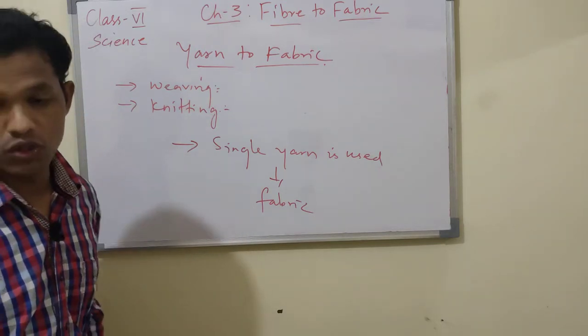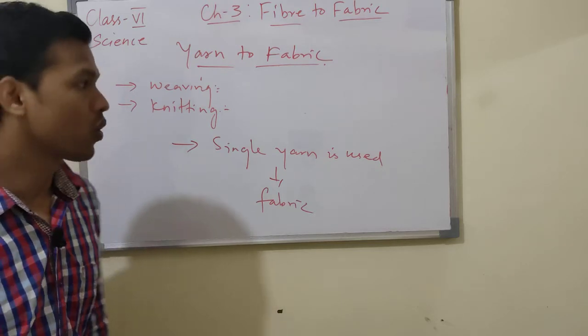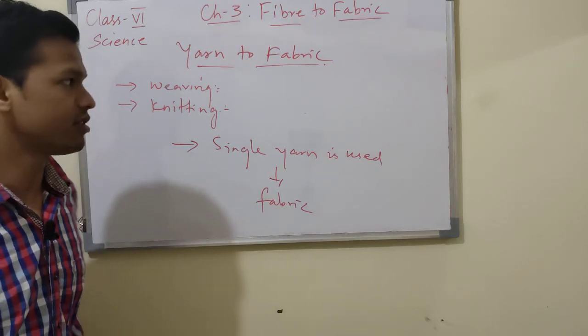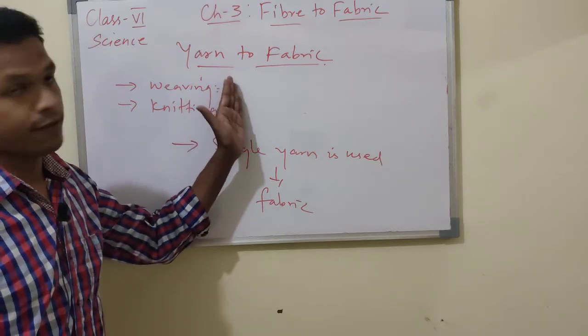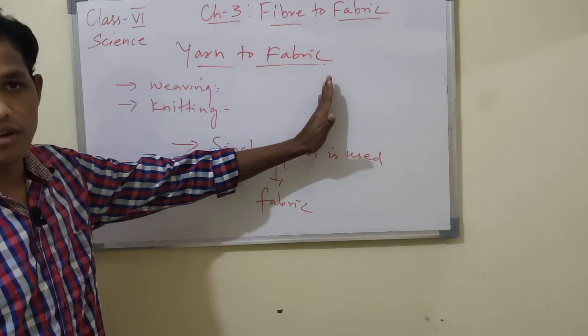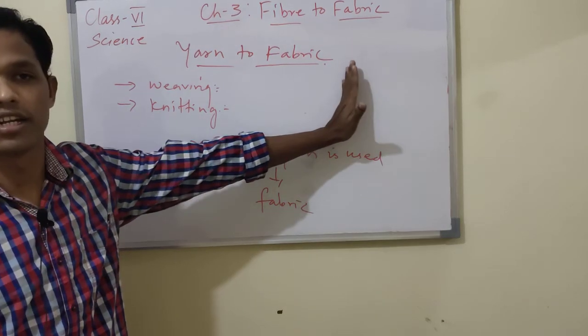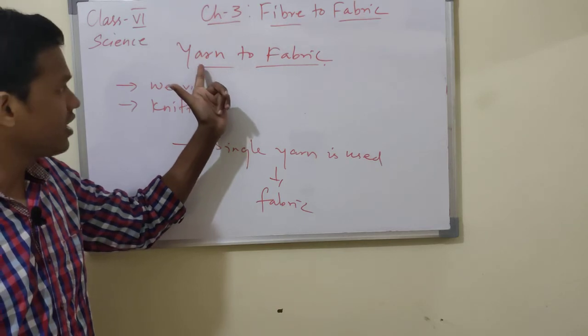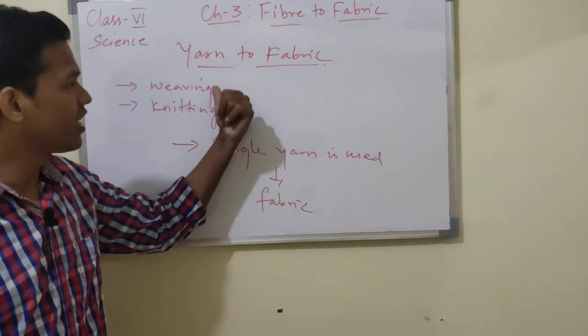These fabrics are used for a variety of clothing items. This is how fiber is converted to yarn, and yarn to fabric. How is yarn made? By spinning machine. After that, yarn is converted to fabric by weaving and knitting.